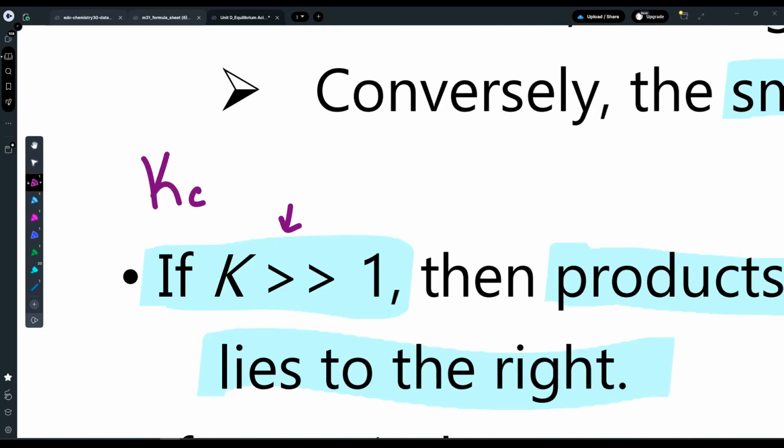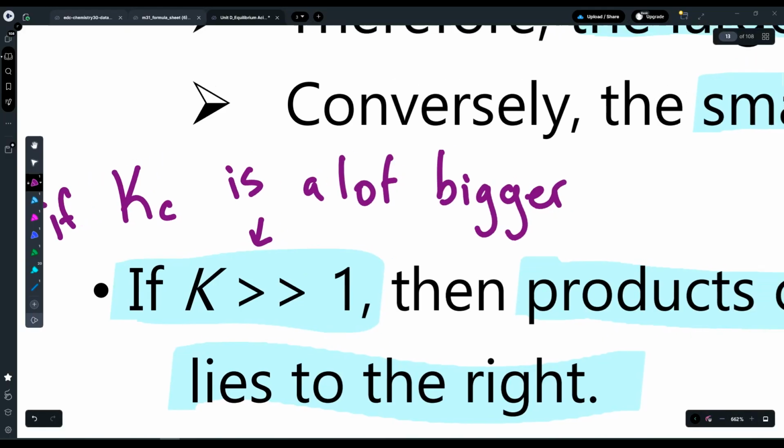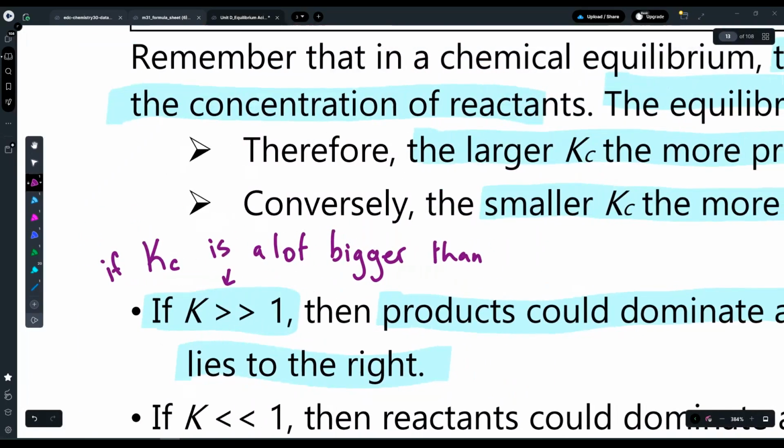K or Kc, both of them mean the equilibrium constant. So what this means is if your equilibrium constant is a lot bigger than 1, products are favored.